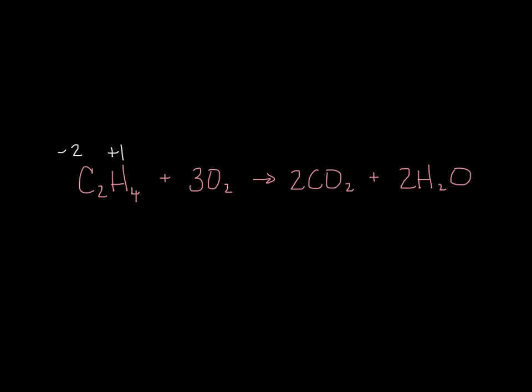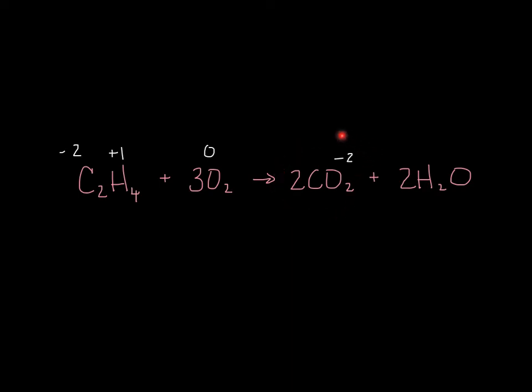And over here we have 3 oxygens, but it's still an element by itself, only bonded to oxygens, so its oxidation number is 0. Over here on our carbon dioxide, we know that our oxidation number for oxygen is a -2, because again, remember over here our oxidation number on oxygen was 0 because it's oxygen bonded to another oxygen.